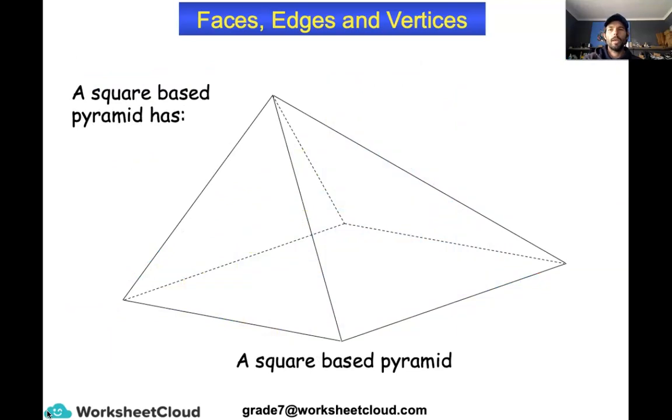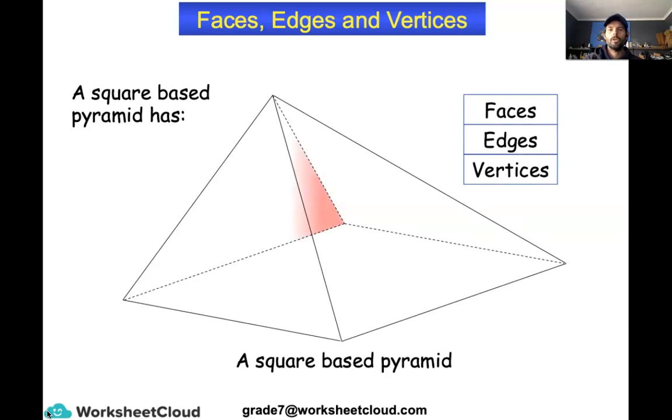Here we have a square-based pyramid. Okay, and you can clearly see it's called a square-based pyramid because its base is a square. So if we had a look at the faces, there's a triangular face, there's a second triangular face, there is the square-based face at the bottom. Okay, you have that green face, and the next green face gives you 5 faces.